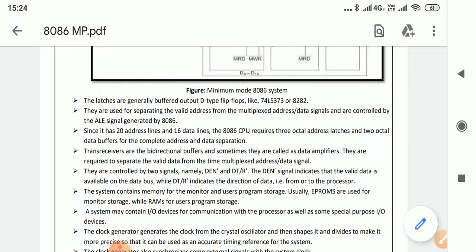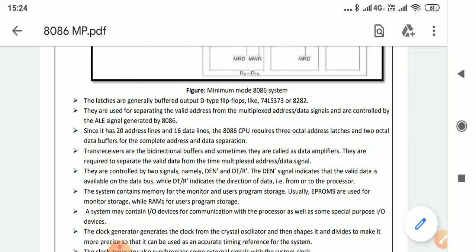Since it has 20 address lines and 16 data lines, the 8086 CPU requires 3 octal address latches and 2 octal data buffers for the complete address and data separation. Okay, so basically the total address bus is 20 bits and data bus is 16 bits. So 3 octal address means one latch of 8 bits. Okay, one latch of 8 bits means 3 latches for the address bus and 2 8-bit data buffers for the data.